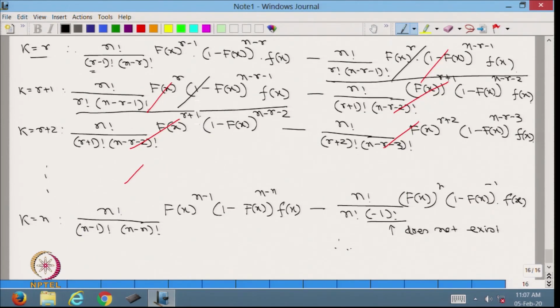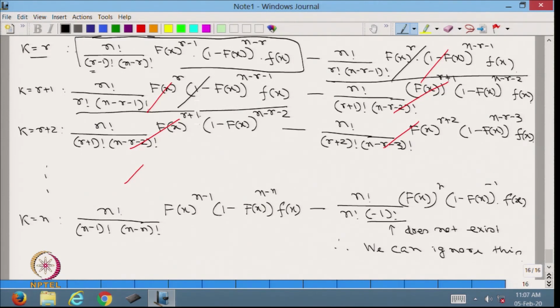Therefore, we can ignore this. Therefore, we are left with only one term, that is this.